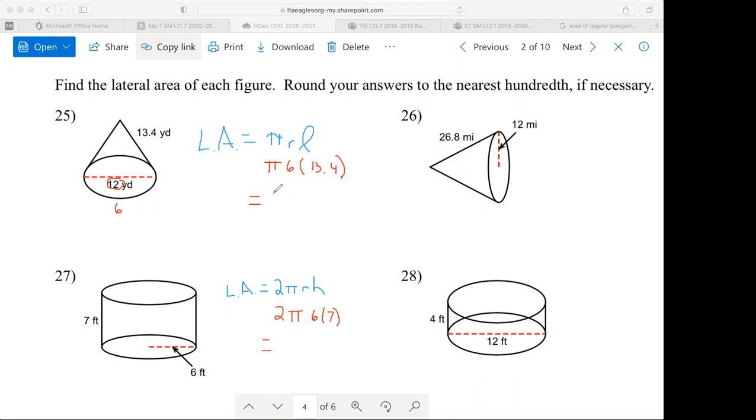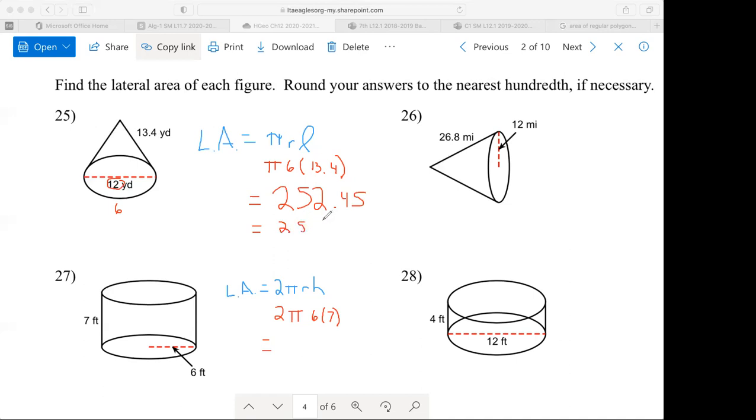The first one is 252.456. And did you use the pi key or did you use 3.14? 3.14. So you said 252.45. Now I want you to do that calculation again, use the pi key. Okay. 252.58.